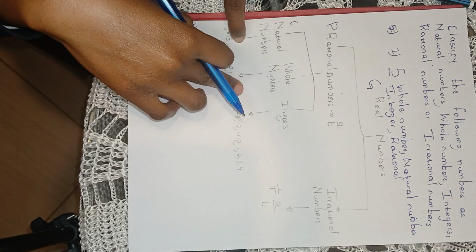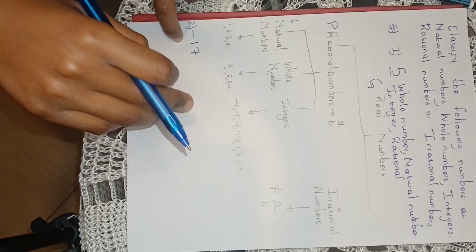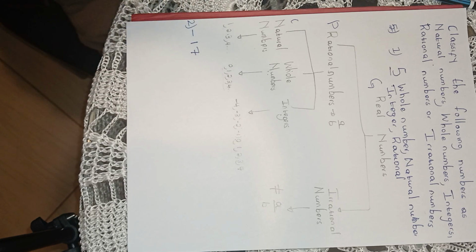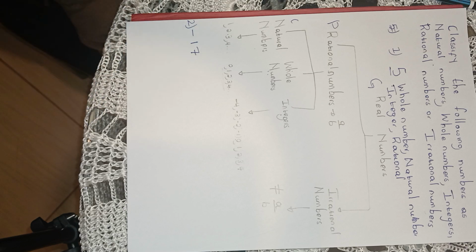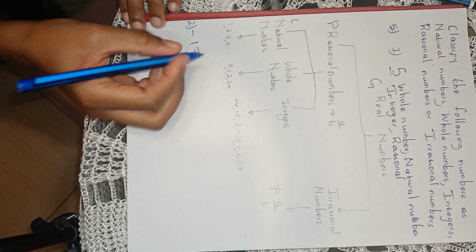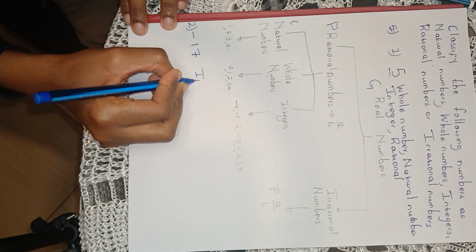So negative 17 doesn't fall under this category. Integers: integers are positive and negative numbers and 0. Negative 17 falls under integers because integers range from negative infinity to positive infinity. So negative 17 is an integer.